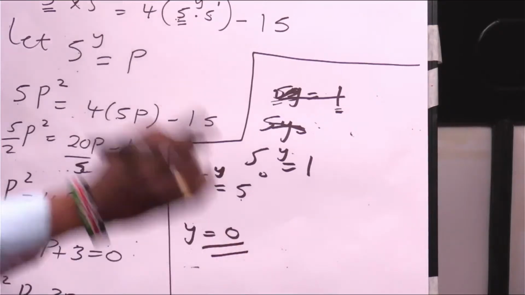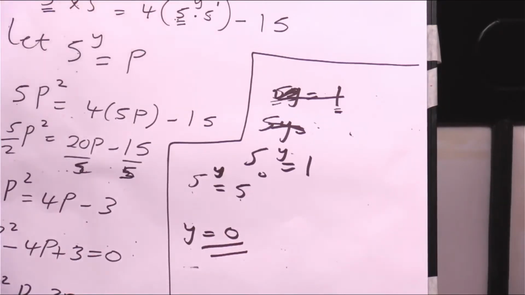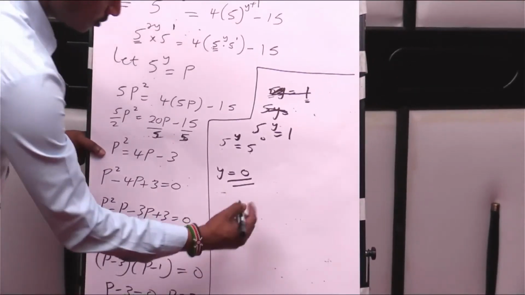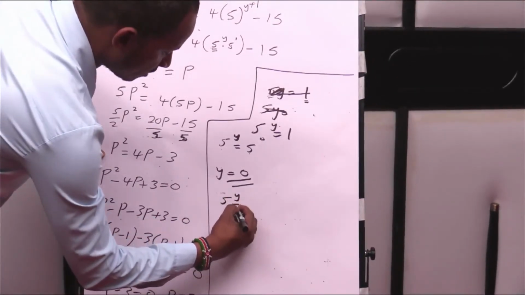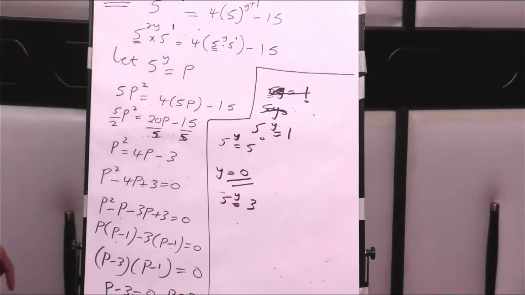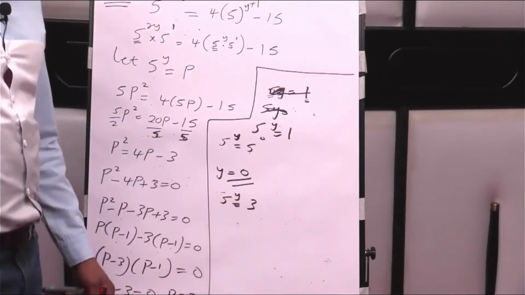So the first value of y is 0. What is the next value of y? Because p is 3. We had two values of p. So 5 raised to power y equals 3. So in such a situation, you introduce logarithms.